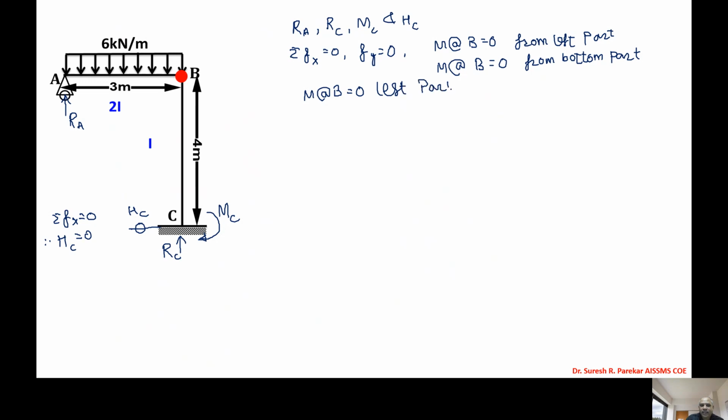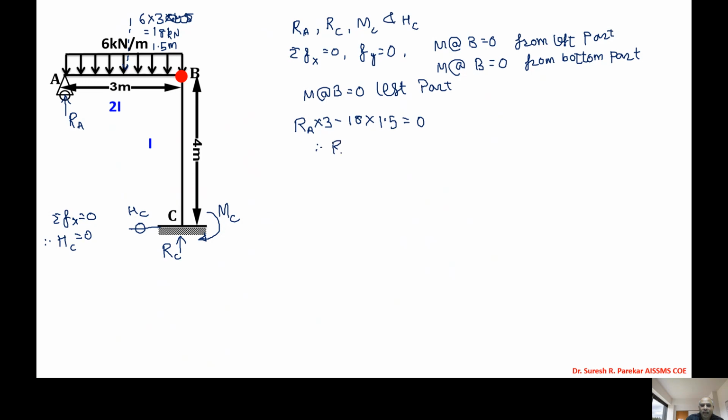And then what we will get? We will get RA into 3. Now total load will act at center. So we have that will be 6 into 3. So we have 18 and it will act at 1.5 meters. So RA into 3 minus 18 into 1.5 and that is equal to 0.